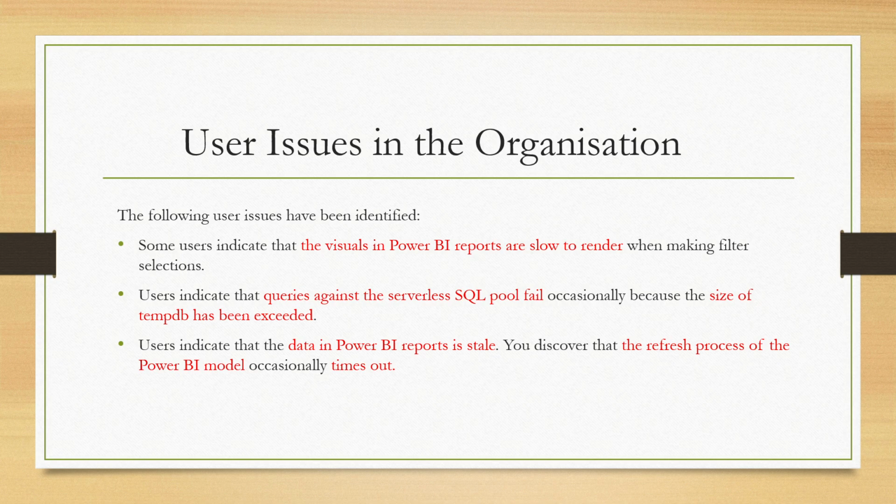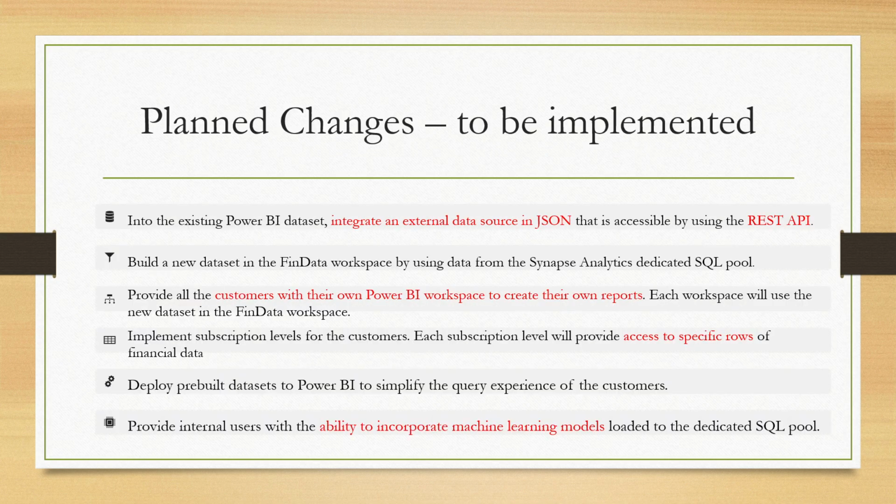So let's see what's next. Now we have changes that need to be implemented. We need to carry out a data transformation project to improve things in this company. The first thing is, into the existing Power BI datasets, we need to integrate an external data source in JSON that is accessible by using the REST API.